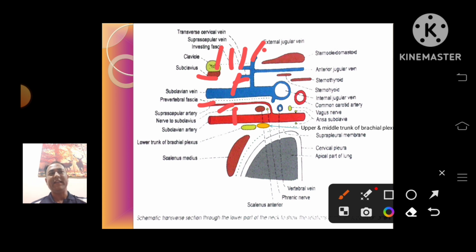Then posteriorly, again you can see all those three structures will also come behind it. So posteriorly again three repeat: cervical pleura, suprapleural membrane and apical part of the lung. In addition, two more structures will come in the posterior relation. They are scalenus medius muscle and lower trunk of brachial plexus.